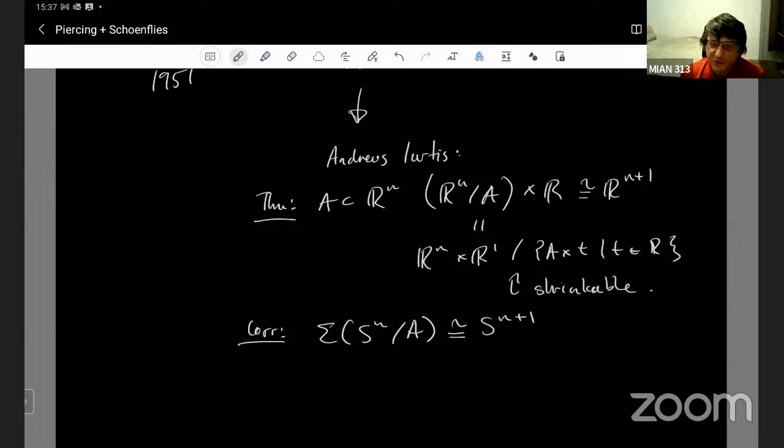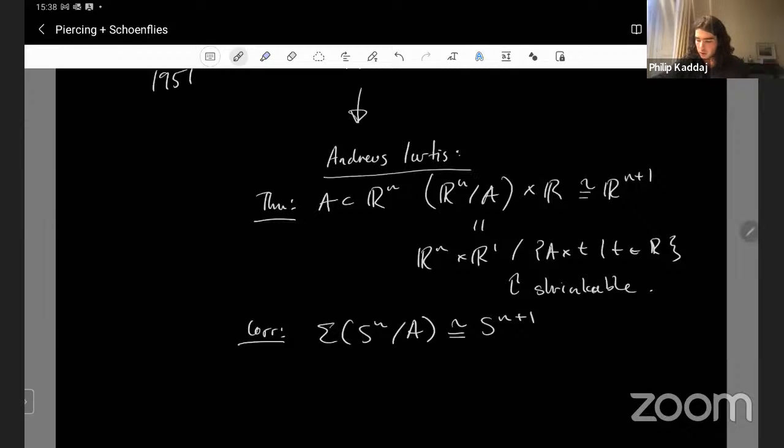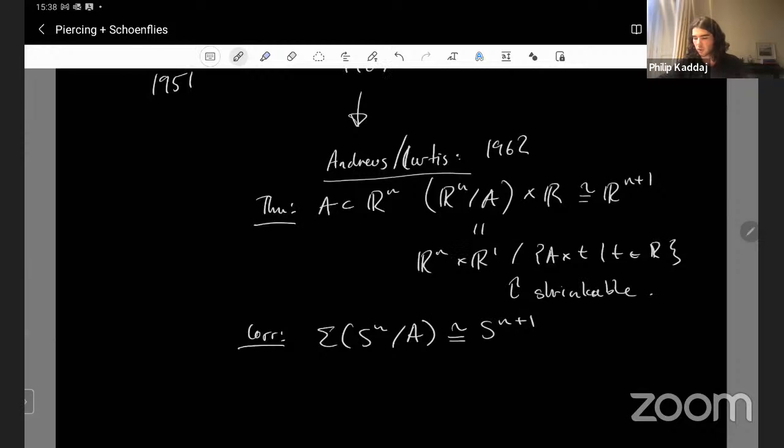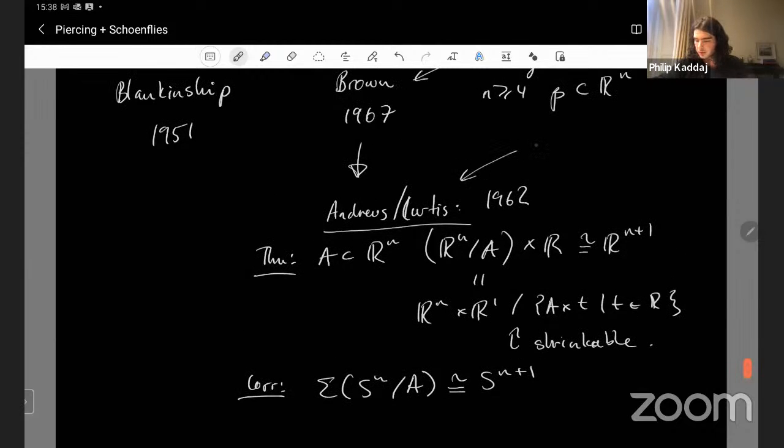Why is that decomposition shrinkable? Oh, that's the theorem. That's what they proved. It's not trivial. Ah, okay. That's what Andrews and Curtis proved, I think in 1962 or something. But you can also find the proof in Daverman and Venema, I can't remember what section, I think it's like section 2.